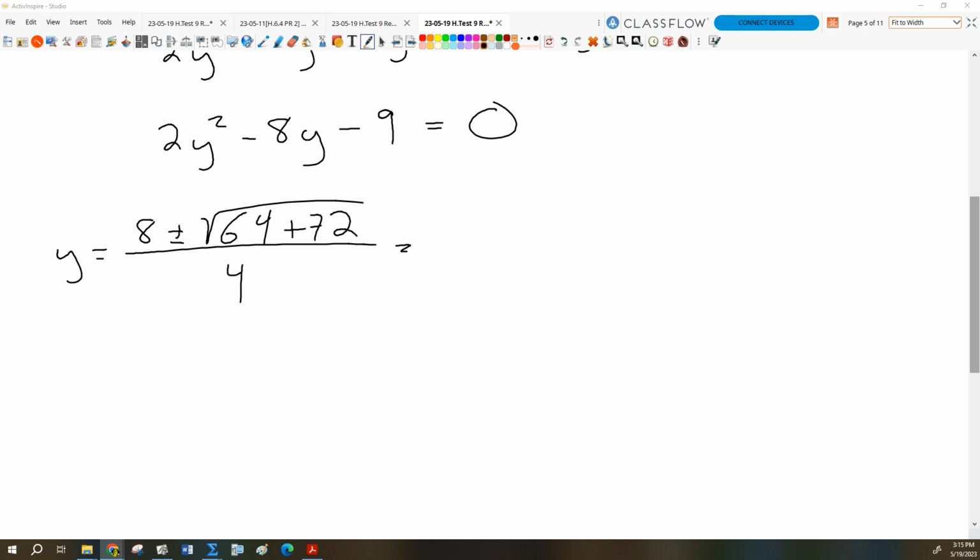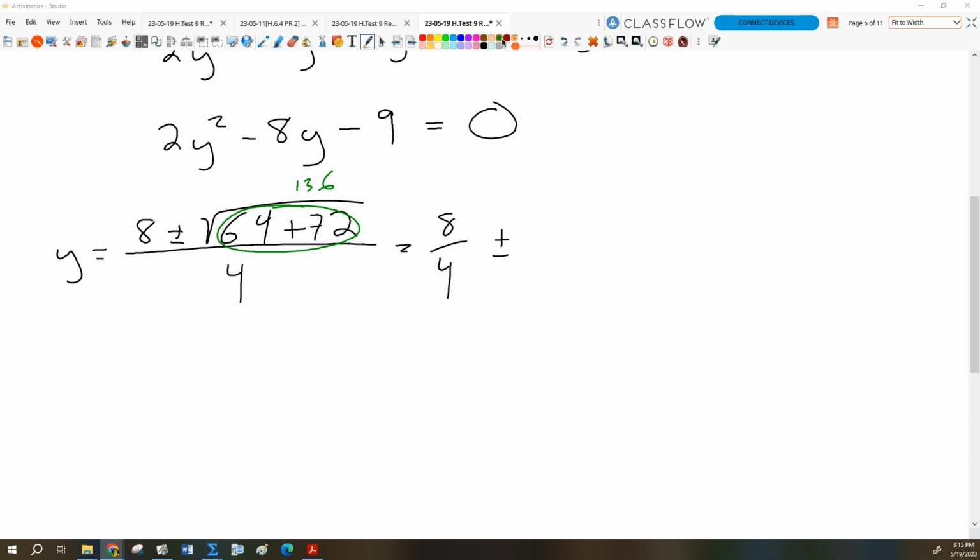136. That's not a perfect square, so we know we're going to get stuck with a square root, right? So we might as well split this fraction. 8 over 4 plus or minus the square root of, all this stuff right here is just 136.